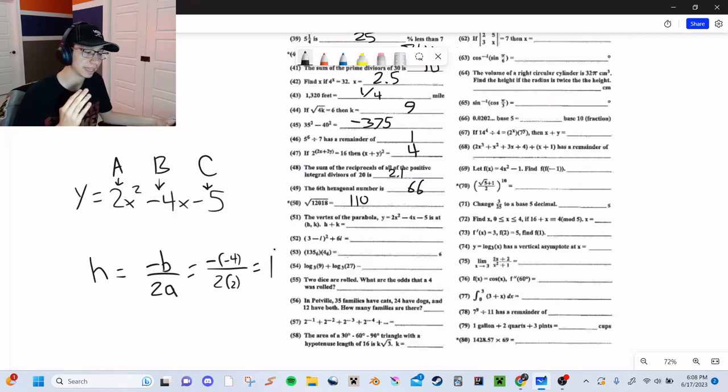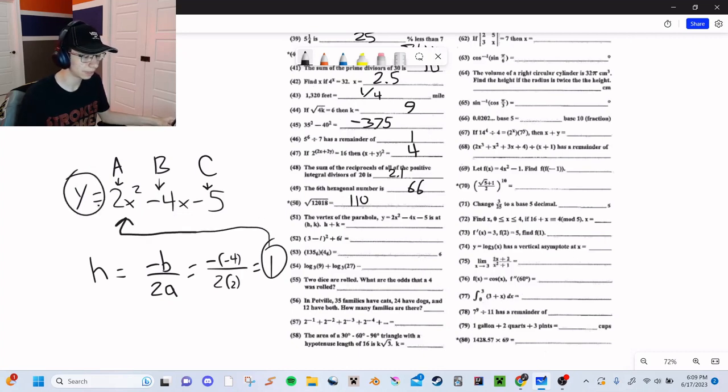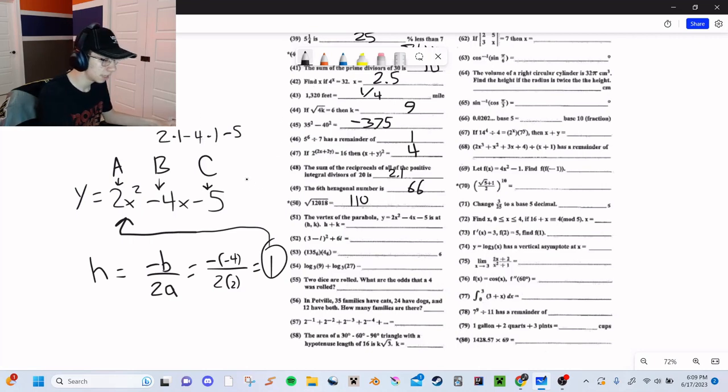And now, to get my k, I just plug in what I got for my x-coordinate into the equation to get my y-coordinate. So 2 times 1 minus 4 times 1 minus 5. Well, that's going to be 2 minus 4 is negative 2 minus 5. That's going to be negative 7.